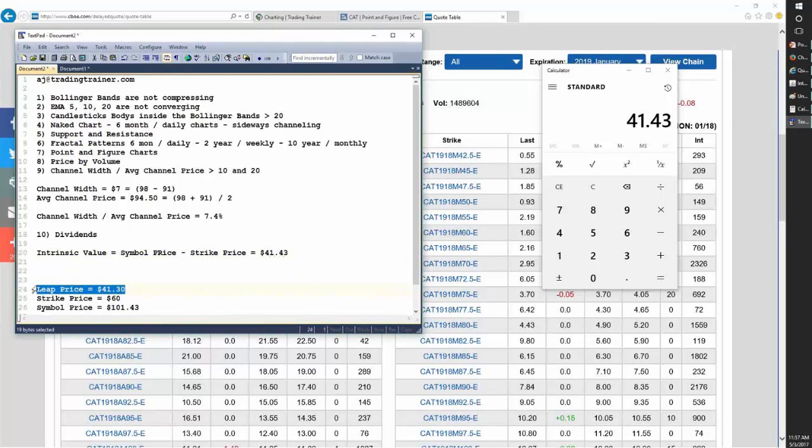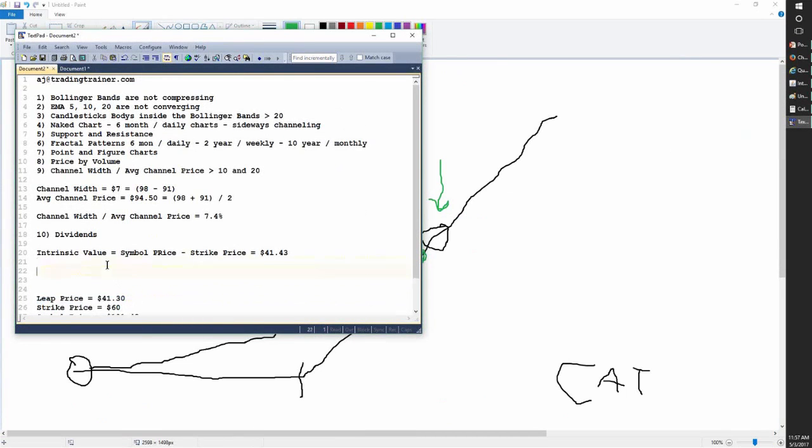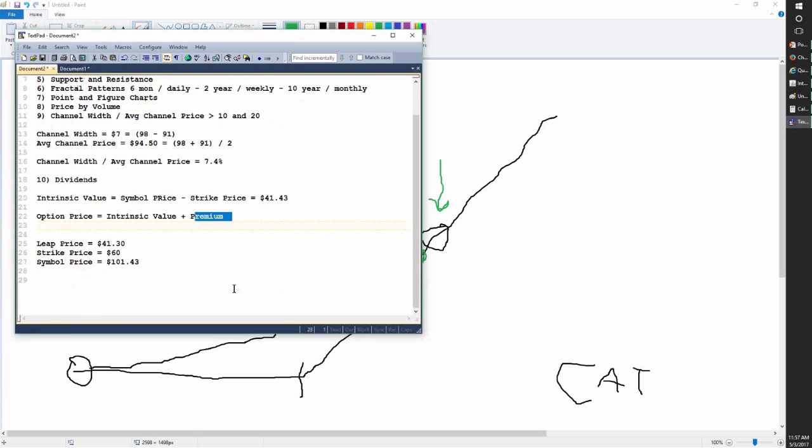The LEAP price is around 41.30. Remember that picture I drew? We want to go far enough in the money that there's no more premium or extrinsic value left. The equation, like I said, is that our option price is equal to the intrinsic plus the premium. And I want to get far enough deep in the money where the premium's nil.